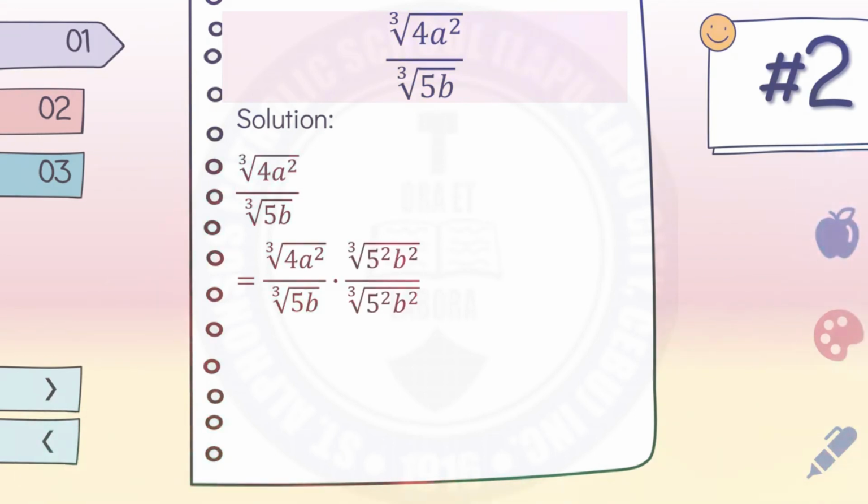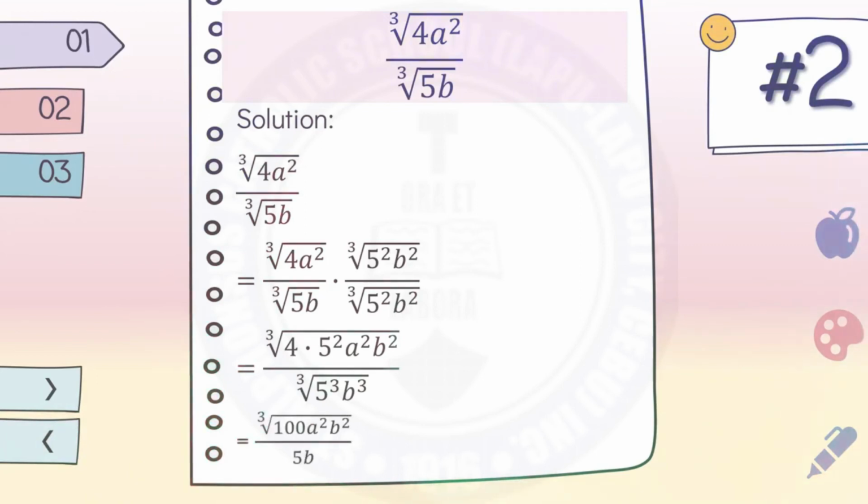In short, we will have here the cube root of 4a squared over the cube root of 5b times 1, or the cube root of 5 squared b squared over the cube root of 5 squared b squared. With that, you will have here the cube root of 4 times 5 squared a squared b squared all over the cube root of 5 cubed b cubed.